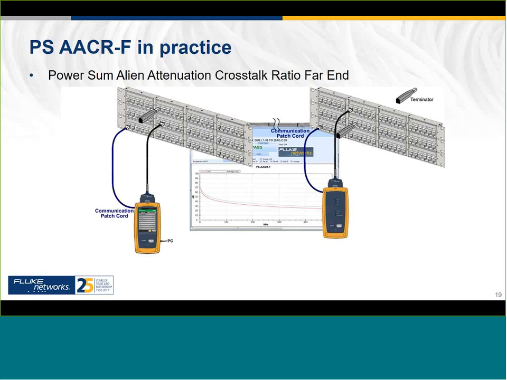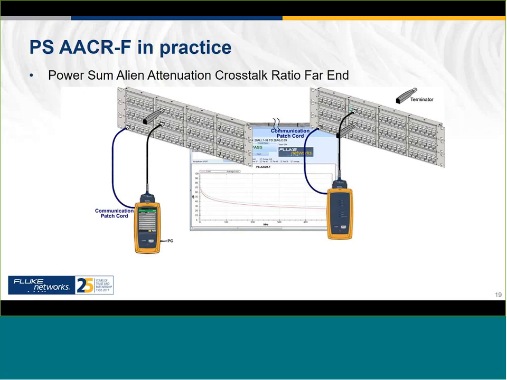You can see the communications patch cords there. We've selected a link that's well out of the bounds of possibly interfering with our measurement. And we have our terminators plugged in at the respective points, one at the far end, one at the near end. And the measurement process proceeds as it did last time.